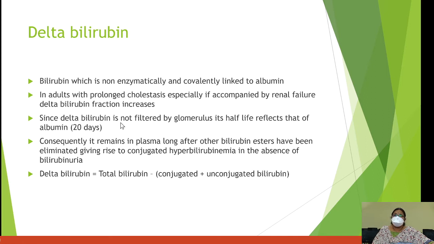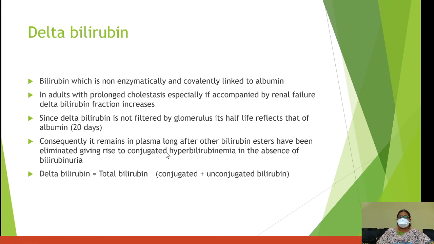Since delta bilirubin is not filtered by the glomerulus, its half-life reflects that of albumin. The half-life of albumin is 3 weeks, roughly 20 days. So, since the delta bilirubin is not filtered and not cleared by the kidney, the amount of delta bilirubin in the serum reflects the half-life of albumin. Hence, it remains in the serum or plasma long after other bilirubin esters have been eliminated.